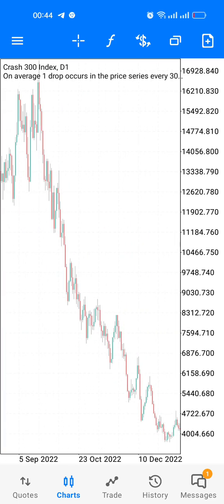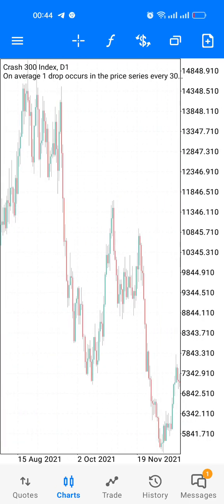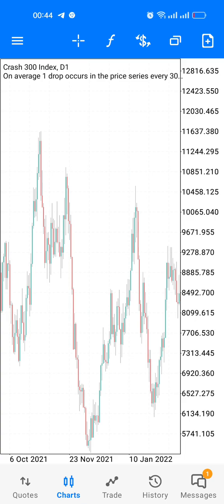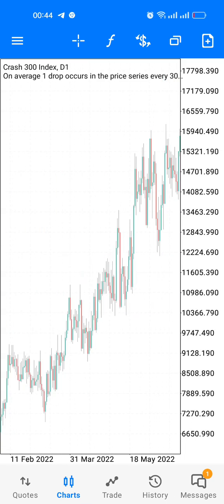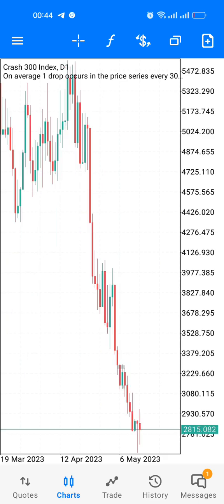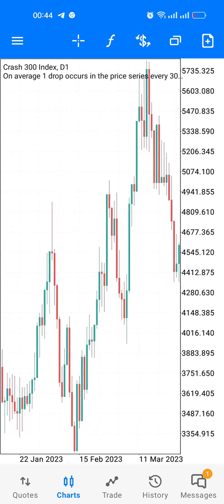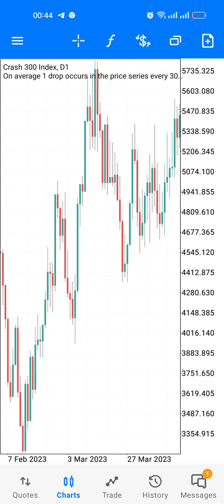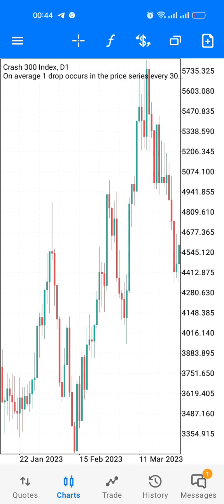Unfortunately, I can't see what's happening on the other side here. Okay, can't see what's happening on the other side. Alright, but I can check other setups here.